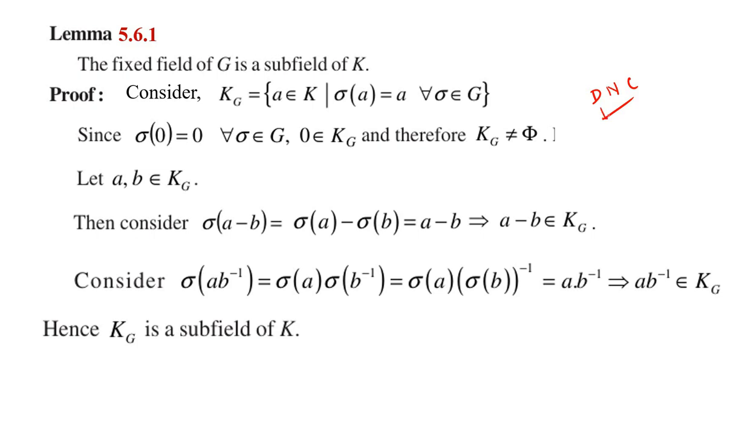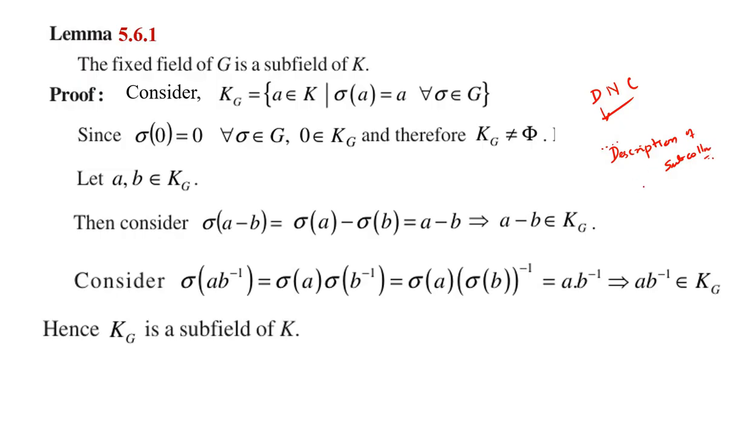D is for the definition or description. Whatever collection you are going to consider as a subcollection of the given collection, that description should be there. And then you have to show that it is a subcollection of the given structure.